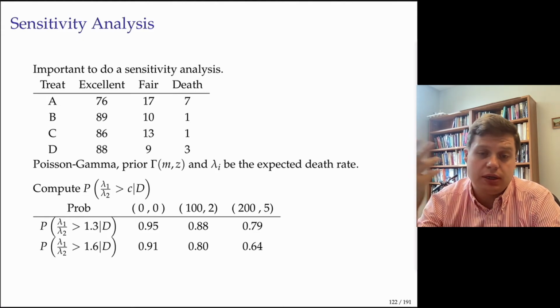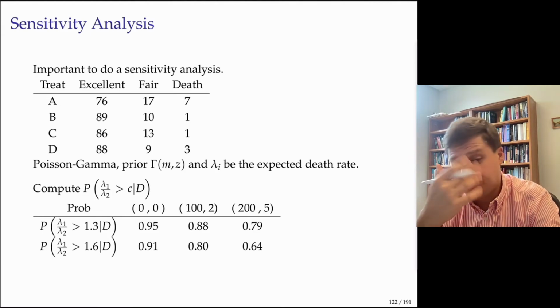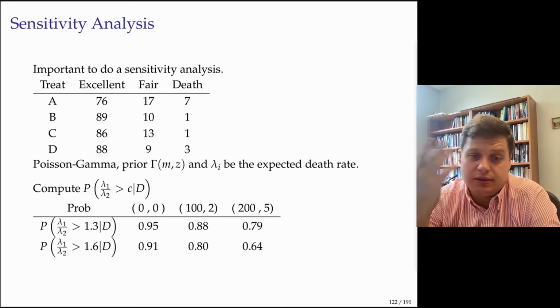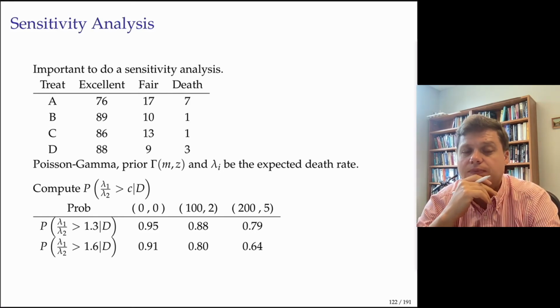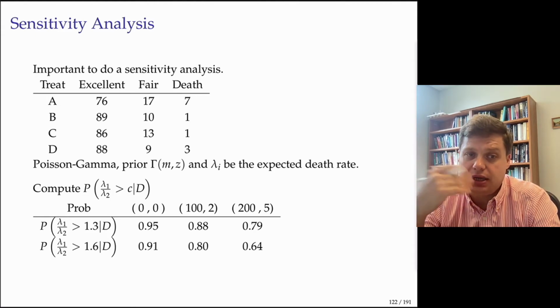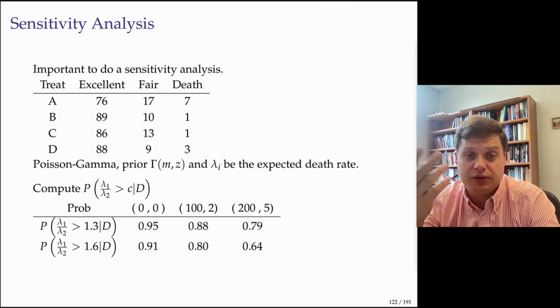Sometimes it's chosen just because the modeler decided that the data looks like a Poisson likelihood or binomial likelihood. But it's always a good exercise to do what is called sensitivity analysis. Sensitivity analysis is a simple exercise to check what happens if you choose a different model. You can choose a different likelihood, you can choose a different prior.